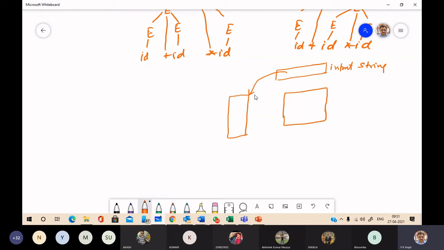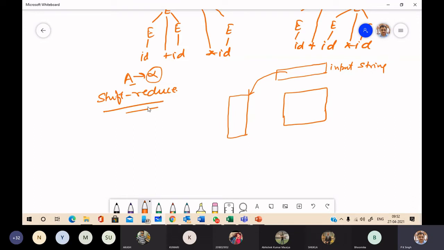Suppose we have A to alpha. Alpha is the substring matching the top symbols of the stack. So we pop alpha out of the stack and push in A. It means the entire string alpha is reduced by A. This parsing is called shift reduce parsing.